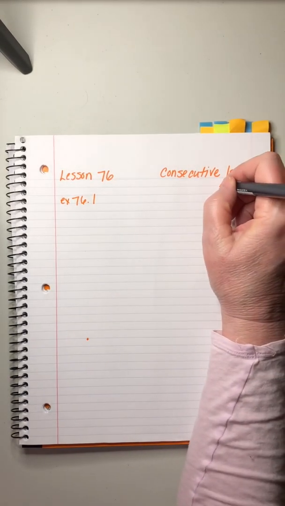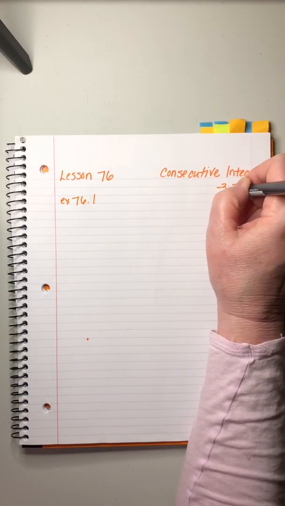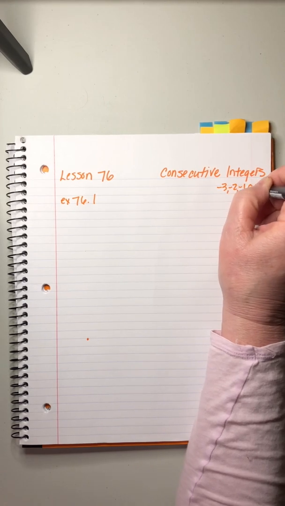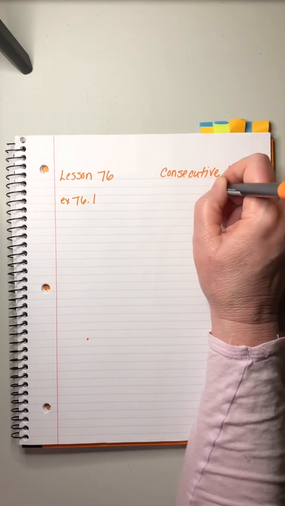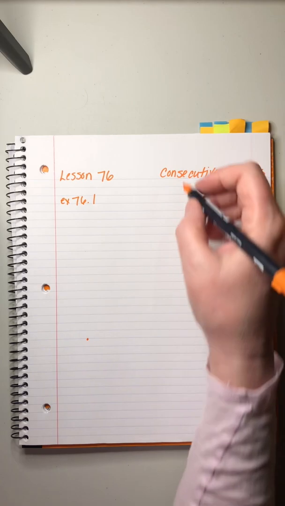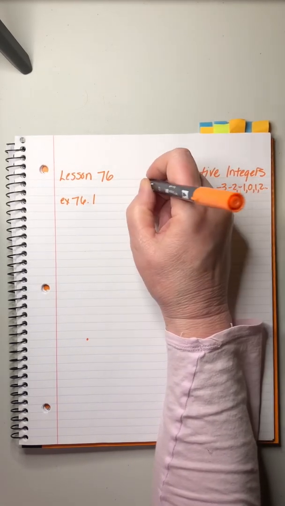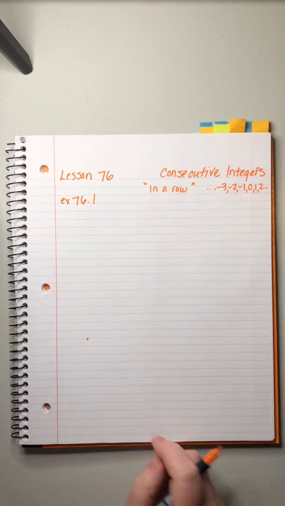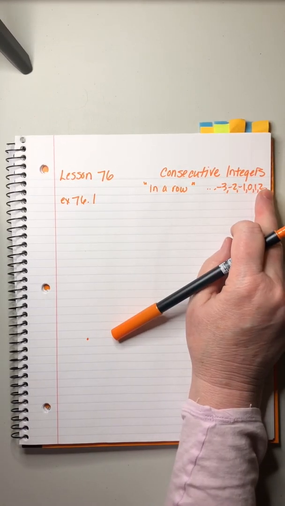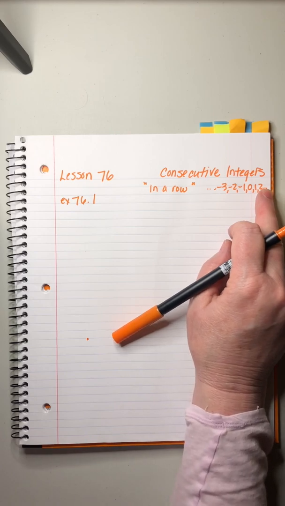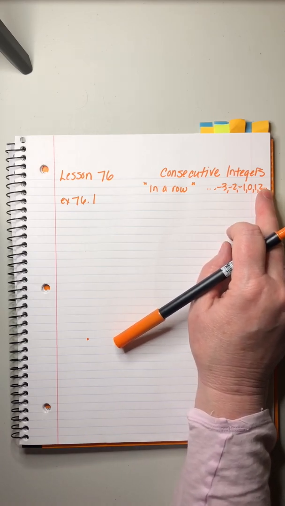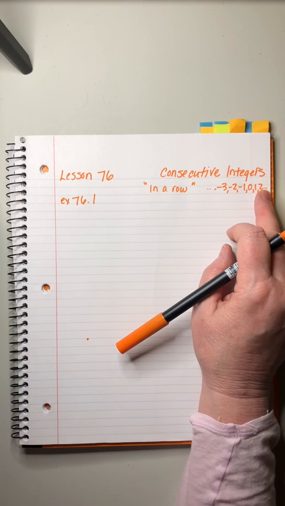So remember, integers are like -3, -2, -1, 0, 1, 2, in either direction, right? No fractions, no decimals. Consecutive means in a row. So we're looking for 3 numbers in a row, such that the sum of the first and the third is 146.